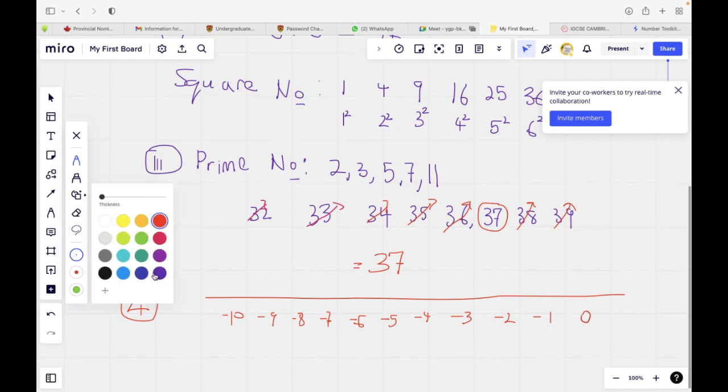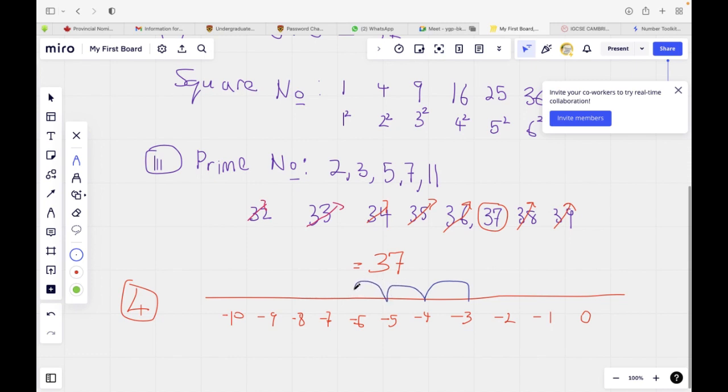Okay, let's do what we are asked to do. I'm just showing how you can use a number line. 7 degrees below. Below means I'll count to the left side. I'll start from here and count this way: 1, 2, 3, 4, 5, 6, and 7.